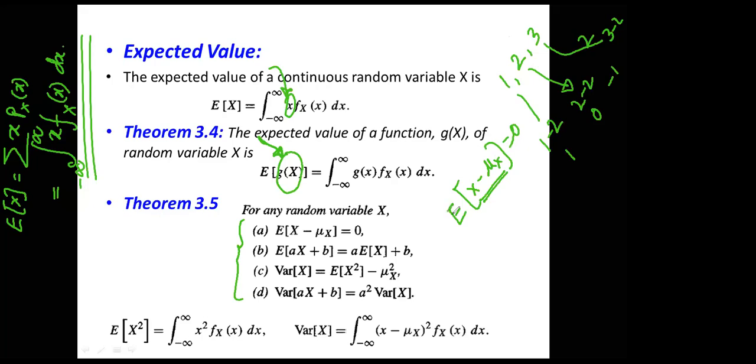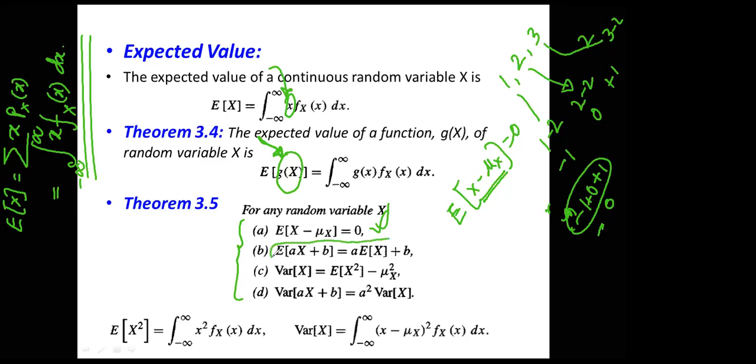When I'm talking about the expected value of this, it means again the average. So minus 1 plus 0 plus 1 equals 0, divided by something, whatever it is. So that becomes 0. Whenever you are talking about deviation from the mean, that expected value will be equal to 0.